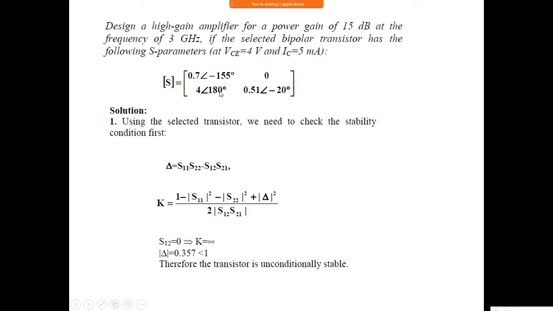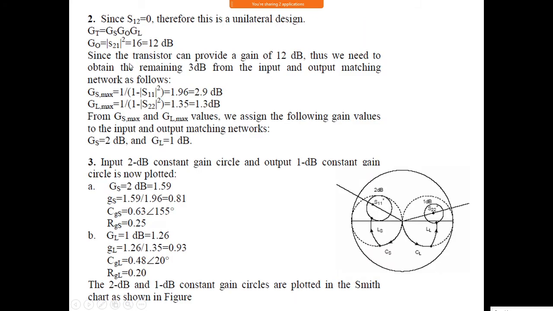So what we have to do here, 15 dB, I already took this problem in the previous discussion. 15 dB gain we needed. From the gain equation, G naught, GS and GL: GS maximum we have to find out, GL maximum we have to find out, and G naught also.